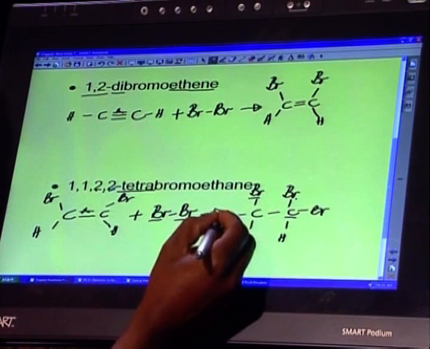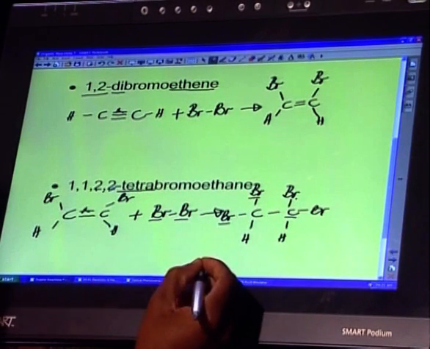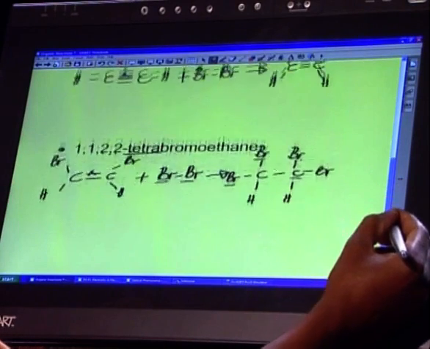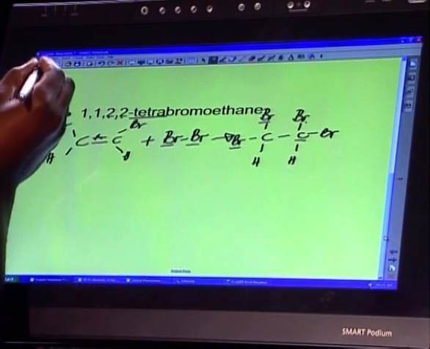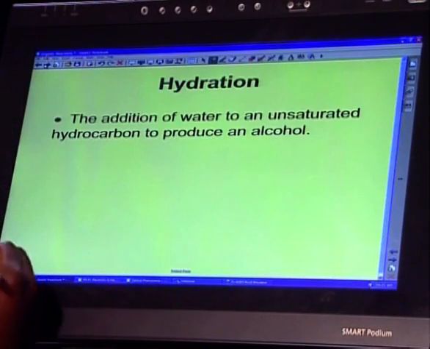Tetra because you've got 1, 2, 3, 4 of the bromine atoms around that alkane molecule. So you've got a 1,1,2,2-tetrabromoethane formed in that way. Okay, hope that makes the halogenation more understandable.